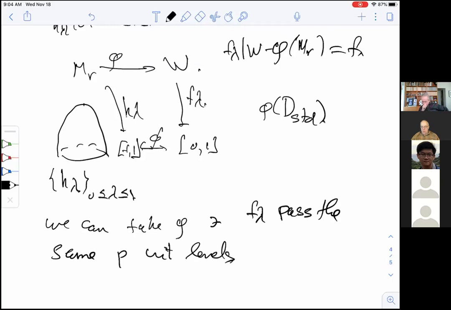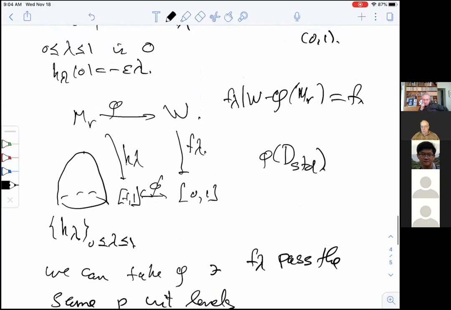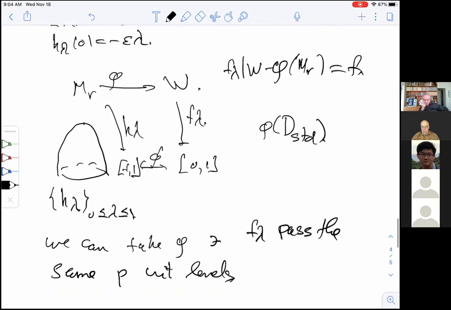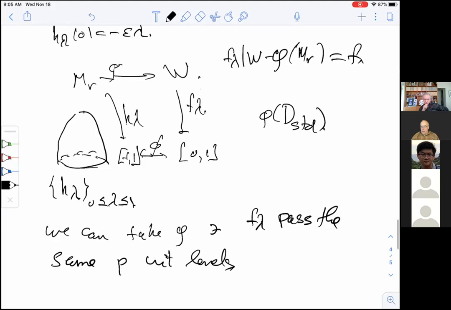Okay, so even though it looks like we're restricted to functions that don't move very far, because you only move the critical value from 0 to minus epsilon, we can shift where minus epsilon goes by a self-diffeomorphism of MR that shifts the levels way down, and we can get the F1 of 0 to be arbitrarily close to the boundary of this descending disk.